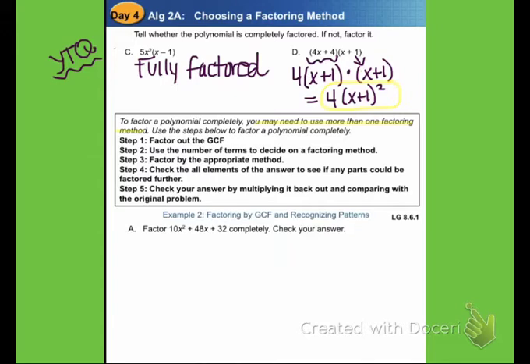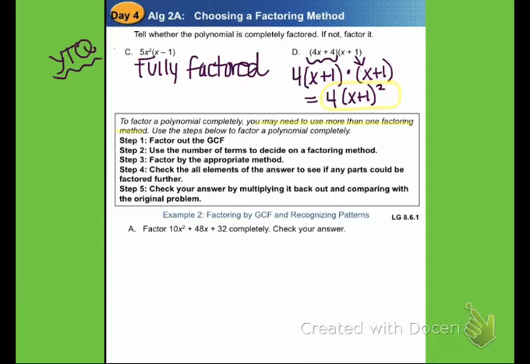Or if it already was 4 terms, then I would want to maybe start off with factor by grouping once I took out a GCF. Or maybe it's just 2 terms, and it's a subtraction between the terms. Maybe the first and last, those 2 terms are perfect squares. If so, it might be a special pattern. Or maybe I have a perfect square trinomial.